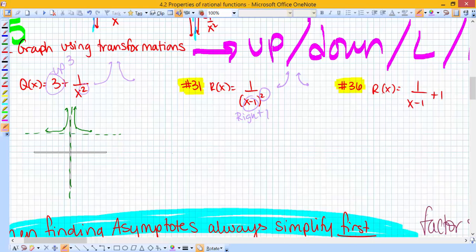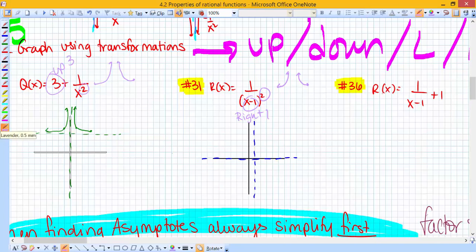What makes it 0? Positive 1. So I go right 1. So let me make another coordinate plane. I'm ready to put in my asymptotes. So right 1, my vertical asymptote is the asymptote that's going to move. So my horizontal stays and my vertical is now moved.